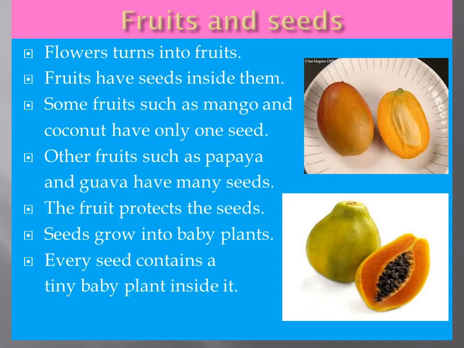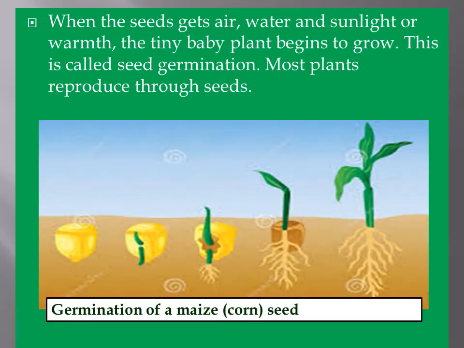The fruit protects the seeds. Seeds grow into baby plants. Every seed contains a tiny baby plant inside it. When the seed gets air, water and sunlight or warmth, the tiny baby plant begins to grow.